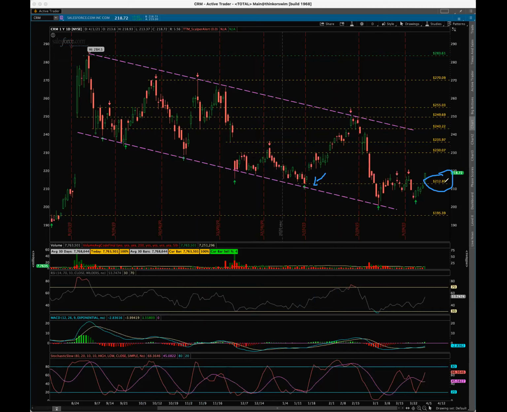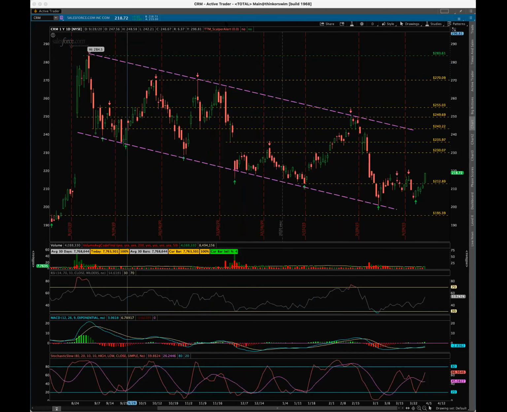Remember, this is going to be a range of numbers. It doesn't have to be by the penny. It could be 213. It could be 212.86. As long as we have that average number of potential resistance or support levels, that's a level we should always be mindful of as we're trading.